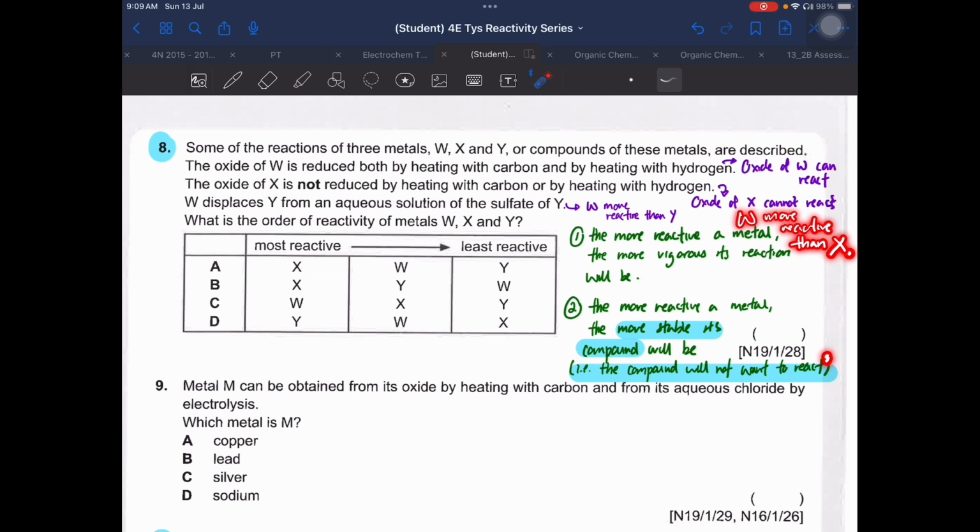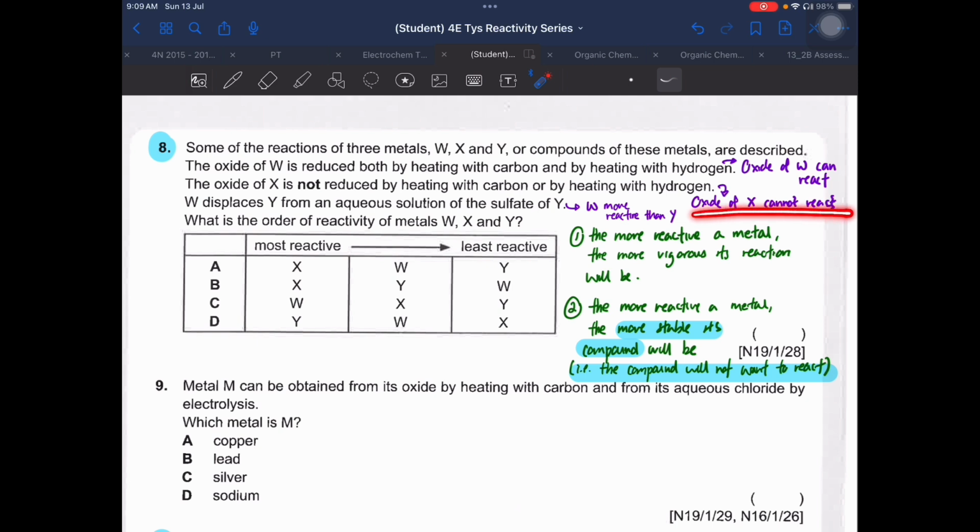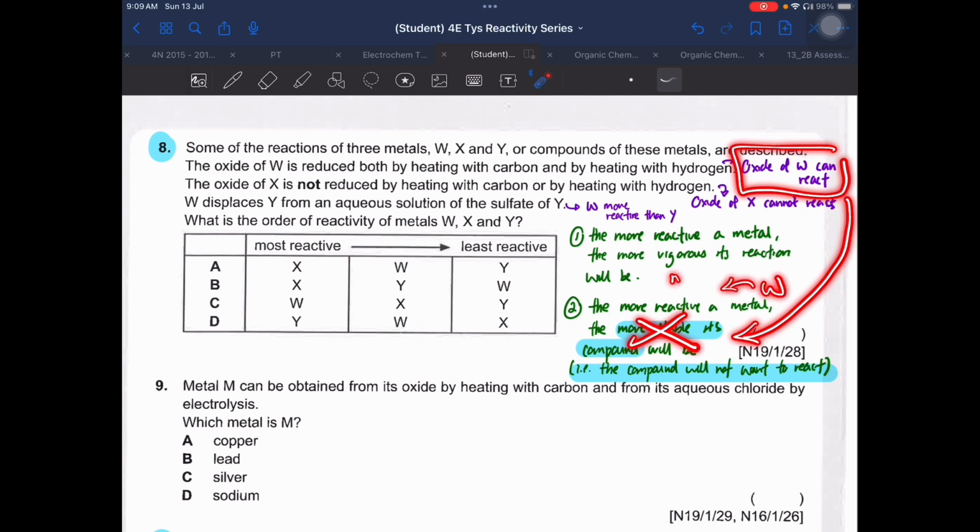So, in other words, when you know statement 2, and you read these two deductions, as a student, what you realize is that when oxide of X cannot react, it means that it is actually very stable. And if it's very stable, it means that X is actually considered a very reactive metal. Likewise, if oxide of W can react, it means that it is not stable. If it's not stable, it will mean that W is actually a not reactive metal.